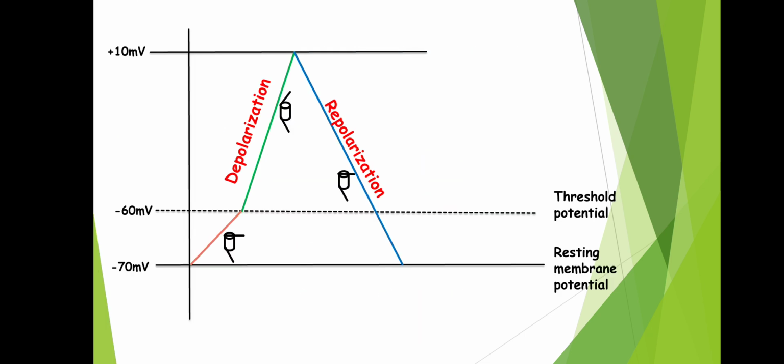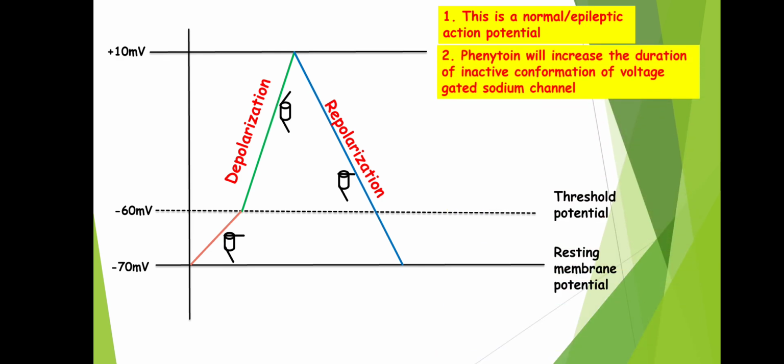Okay, so what is this Phenytoin doing? What we read in the first slide: Phenytoin will block the voltage gated sodium channel when it is in the inactive stage. So this is the normal action potential or the action potential of the epileptic person, and phenytoin will increase the duration of the inactive conformation of the voltage gated sodium channel.